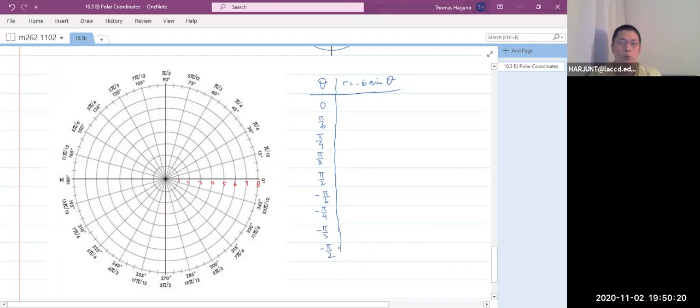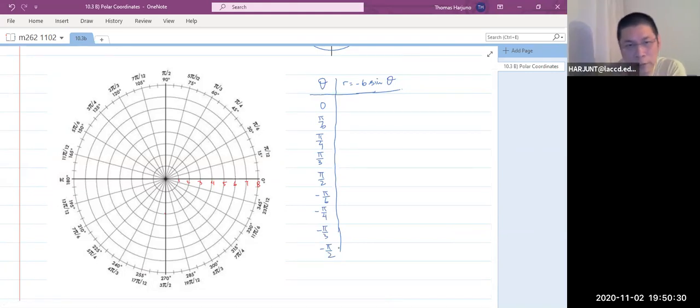You can also use degrees, even though I prefer radians. But if you want to do the graphing fast, you may want to just use degrees.